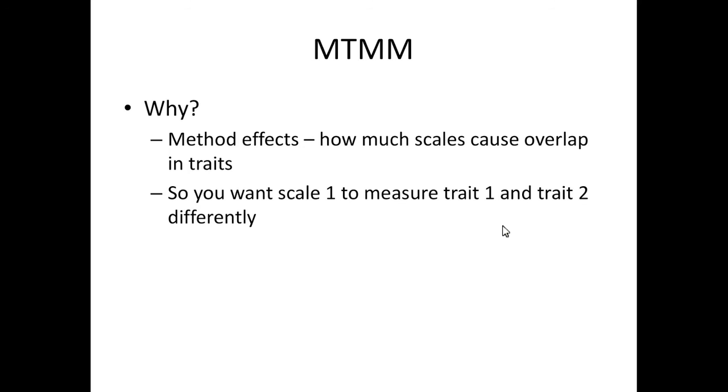So it should show some discrimination between traits as well. So there should be discrimination between methods and between traits, but converge on the fact that these traits are being measured in the same way. So you get to do both, and we're going to talk through the procedure that you can use to get all of that information.